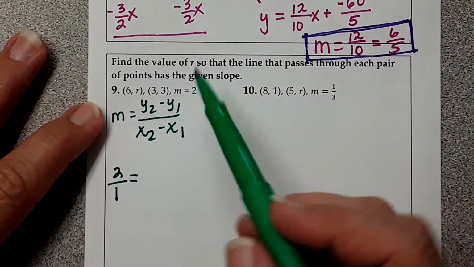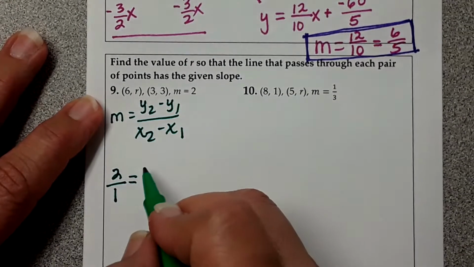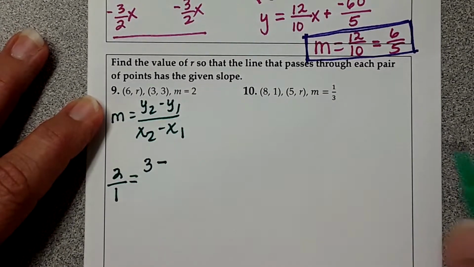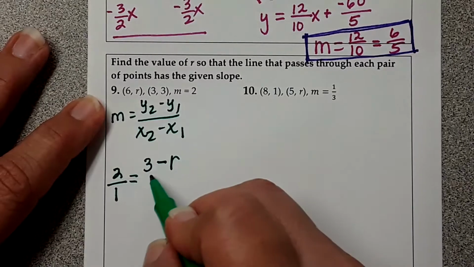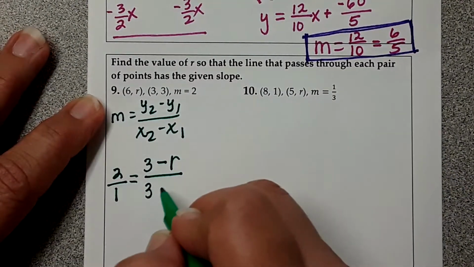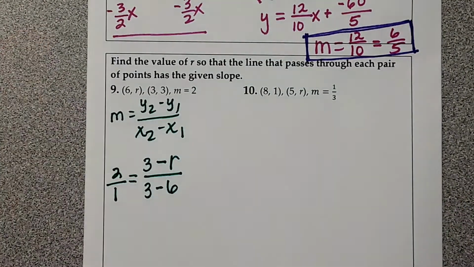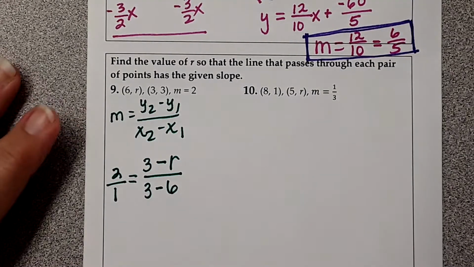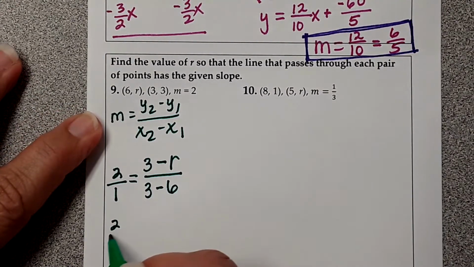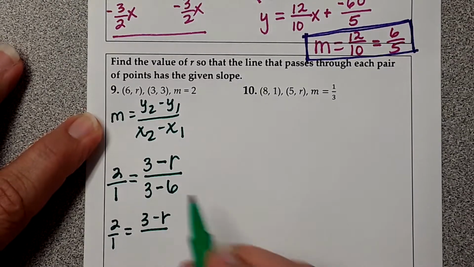What's y sub 2? 3. What's y sub 1? What's x sub 2? And what is x sub 1? There's a whole lot of ways that we can do this, you guys. So I'm going to leave 2 over 1 equals 3 minus r over, and what is 3 minus 6, you guys?